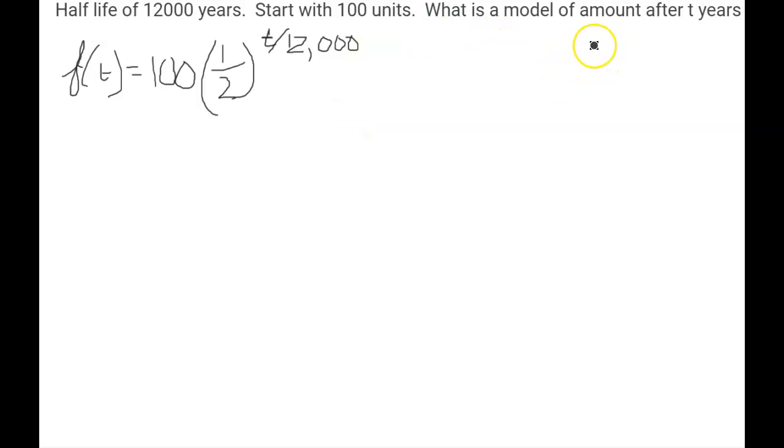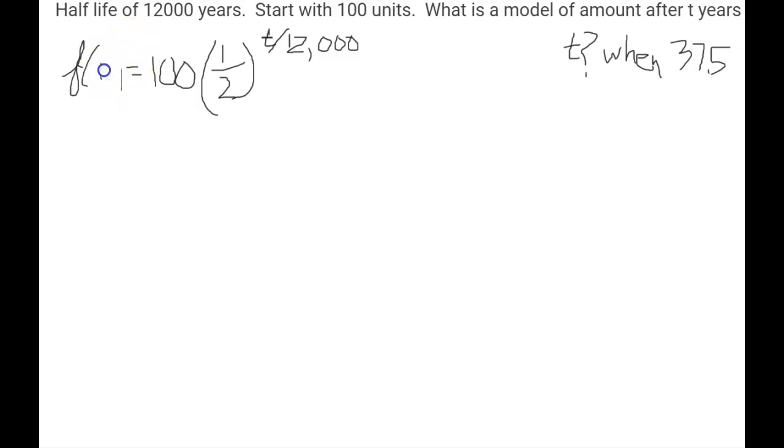And if we were being asked to find t, I'll shrink this. What's the t when we have the 37.5 as the amount? Well, just get it in your calculator.